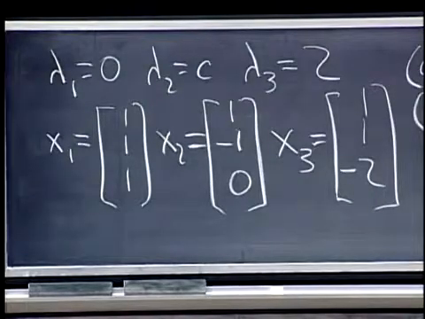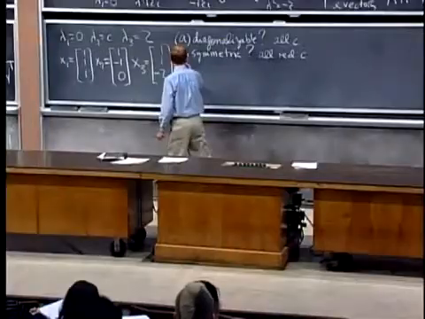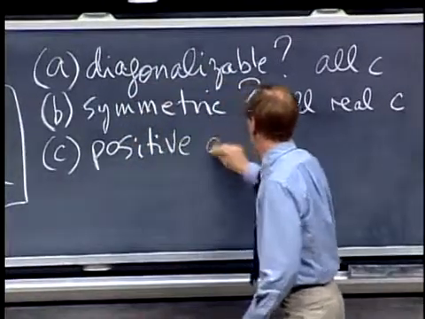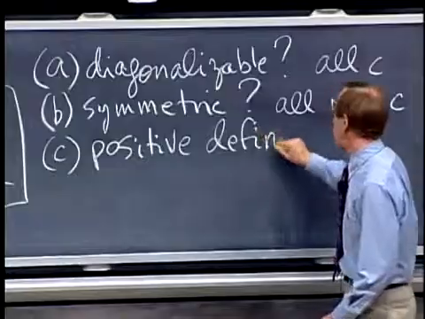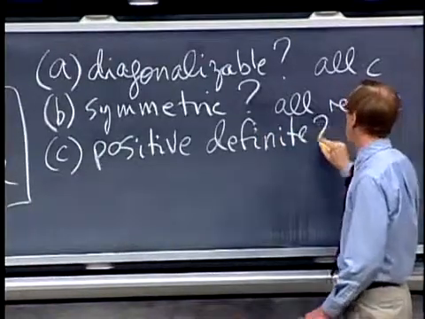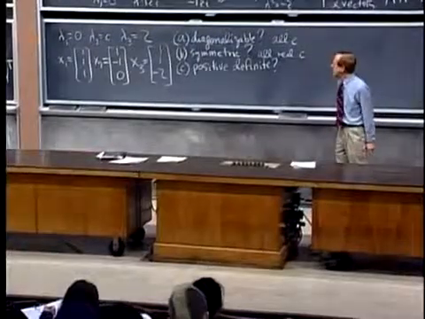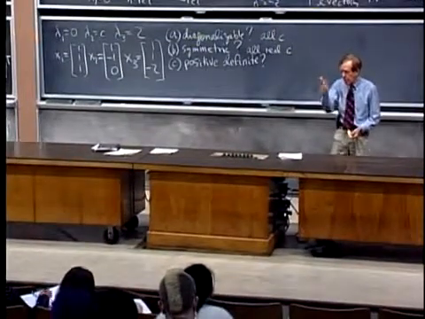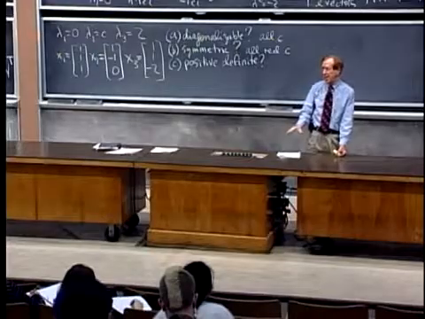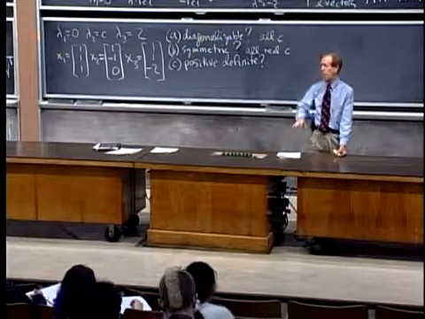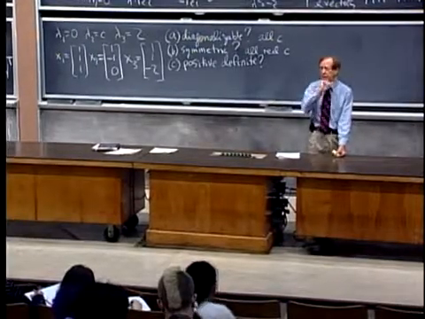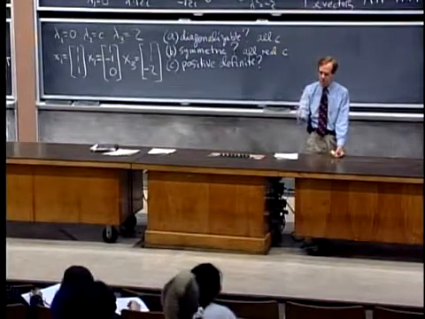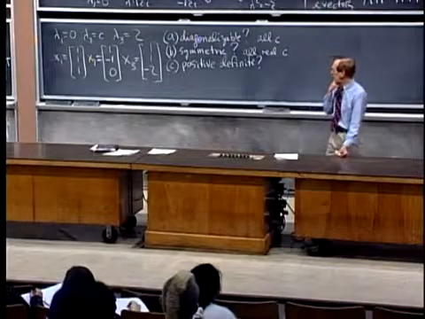Okay, positive definite. Now this is a subcase of symmetric, so we need C to be real. So we've got a symmetric matrix, but we also want the thing to be positive definite. Now we're looking at eigenvalues. We've got a lot of tests for positive definite, but eigenvalues, if we know them, is certainly a good, quick, clean test.